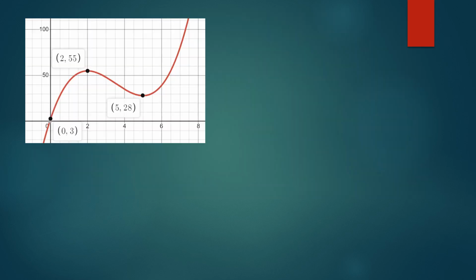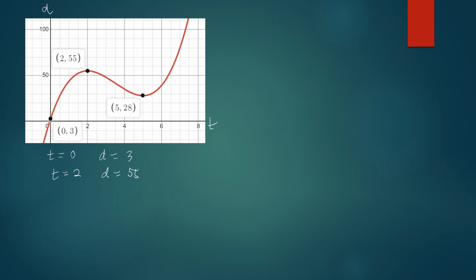One way of finding the time when there is a change in direction is to graph the function. You can see here, our x-axis is time, and this is the displacement. At time zero, this is where we started. The displacement is 3. At time equals 2, we are at 55.